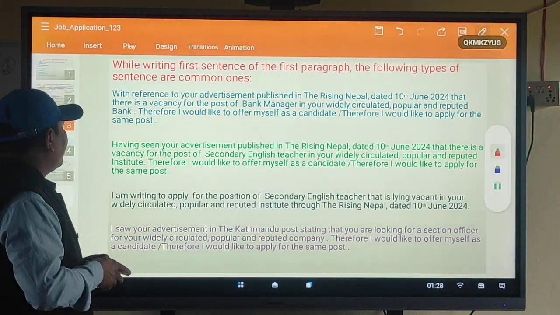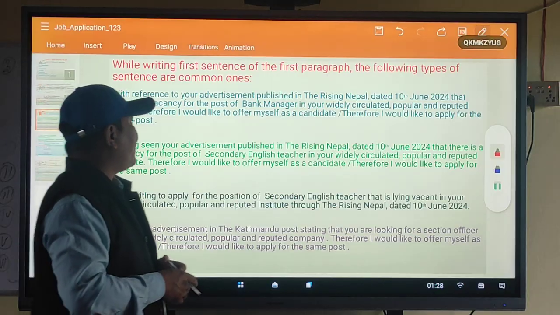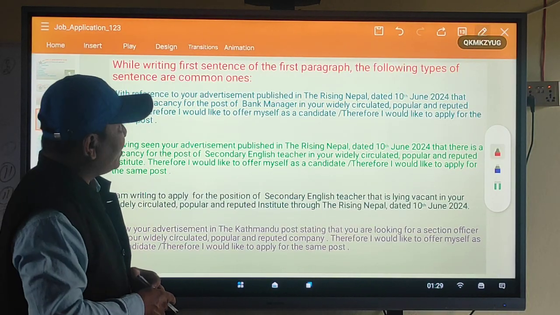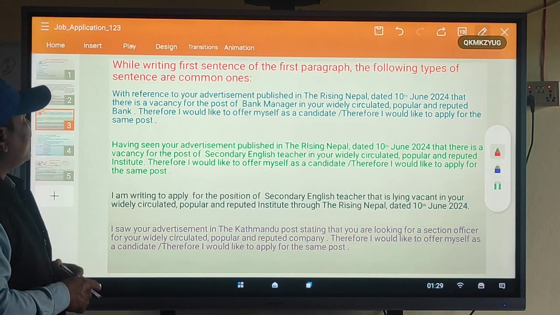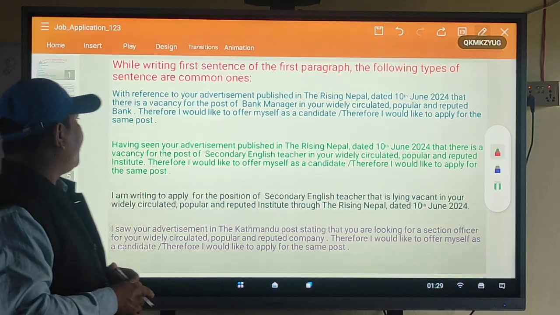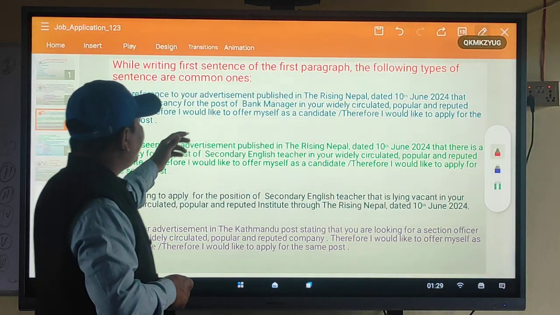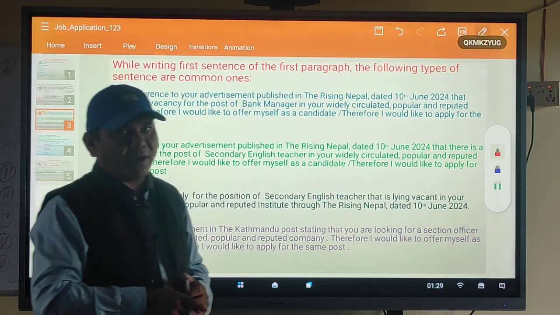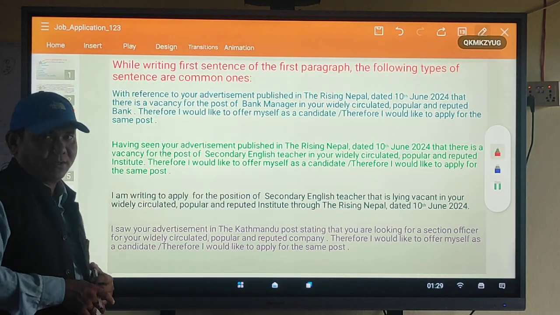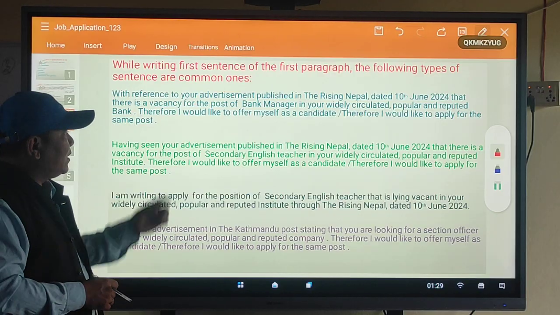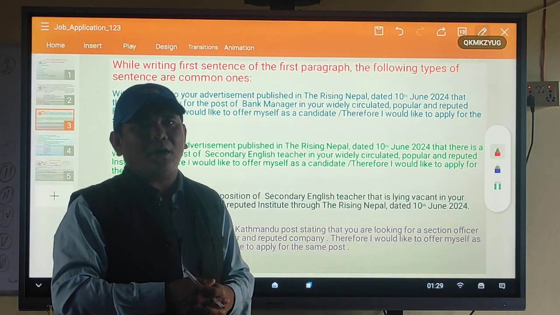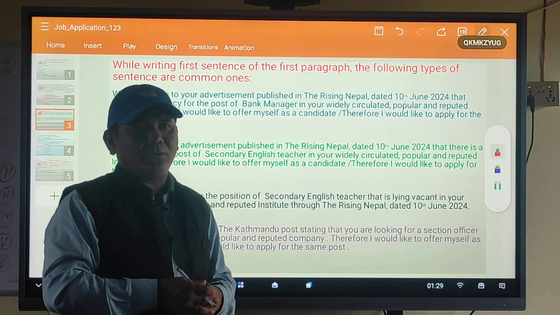Like, with reference to your advertisement published in the Rising Nepal dated 10th June 2024 that there is a vacancy for the post of bank manager in your widely circulated, popular and reputed bank. Therefore, I would like to offer myself as a candidate, or therefore I would like to apply for the same post.